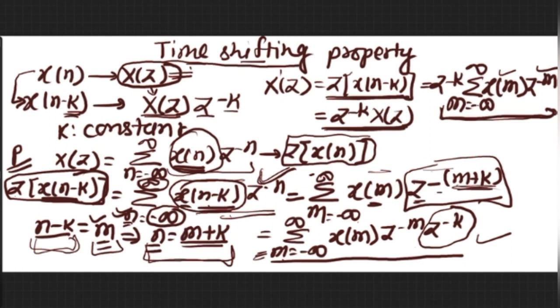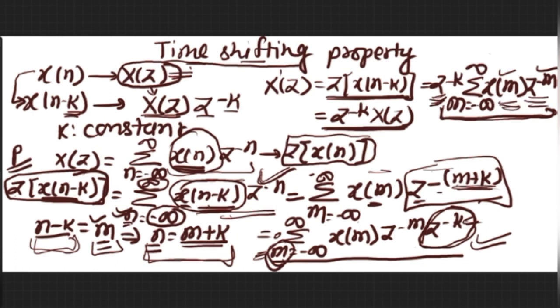Now in this equation, we can keep z to the power minus k outside of the summation as it is free from the variable m. So we rearranged this equation as z to the power minus k outside the summation, and inside the summation we have x[m] z to the power minus m.